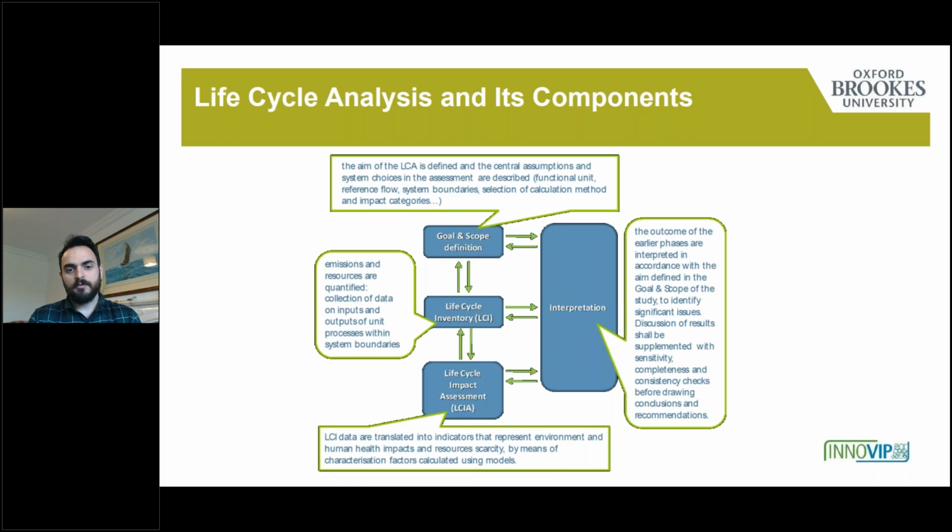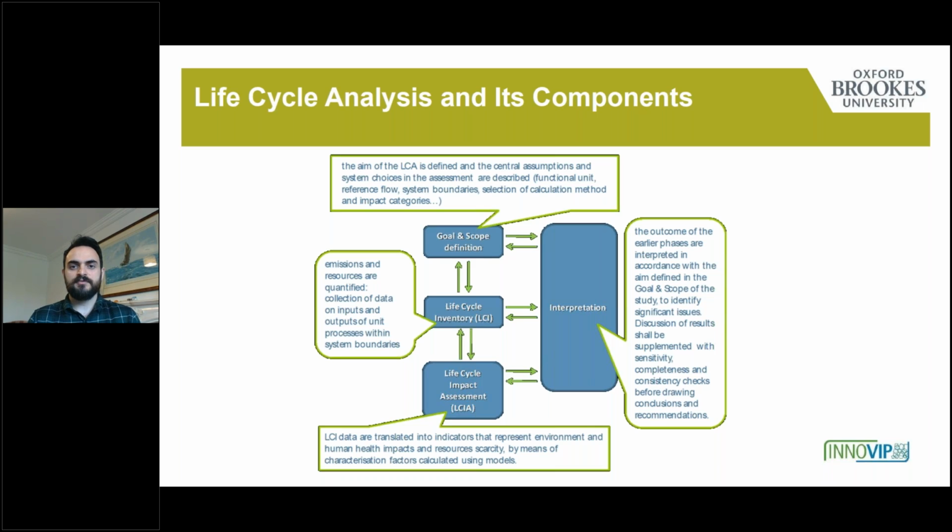And then we'll be talking about the life cycle inventory, which is basically the emissions and resources quantification when it comes to LCA analysis. And then we'll have the life cycle impact assessment, which is basically transferring the data from the LCI step into representation of environmental and human health impacts.